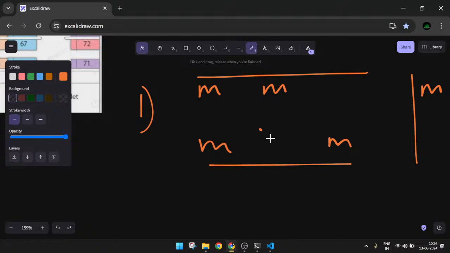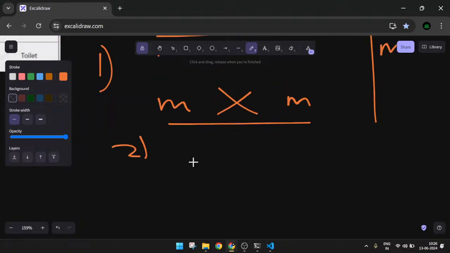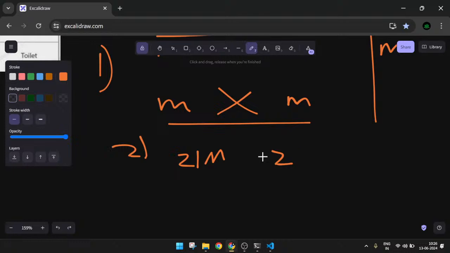So this seat is not for a female, nor this, I think. So this is the first case, and the second case is that same age group like 21 male and 21 female will not be allowed within the same compartment itself.